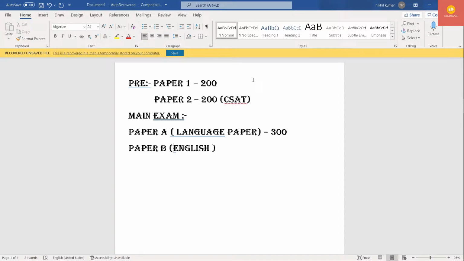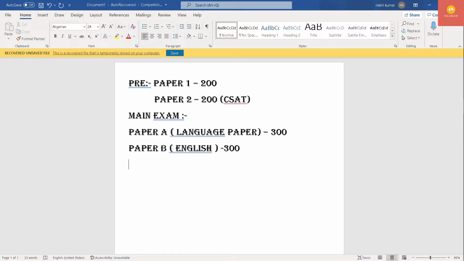This paper is based on English. There is no option to choose another language except English. You have to sit for the exam of English in mains paper B. It also consists of 300 marks.